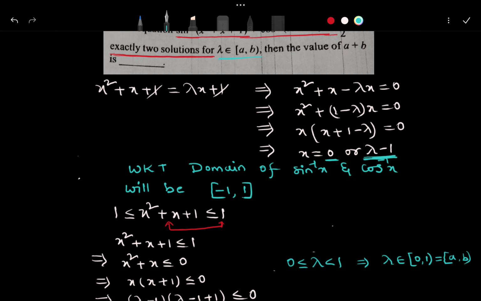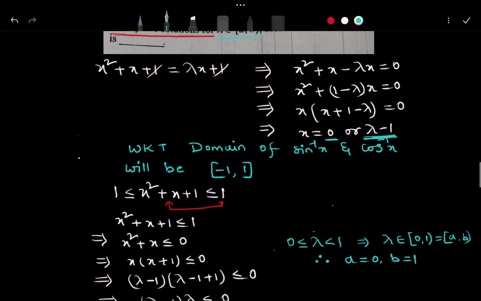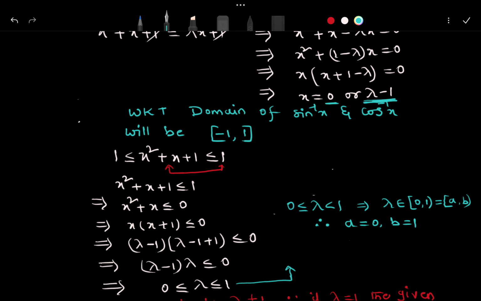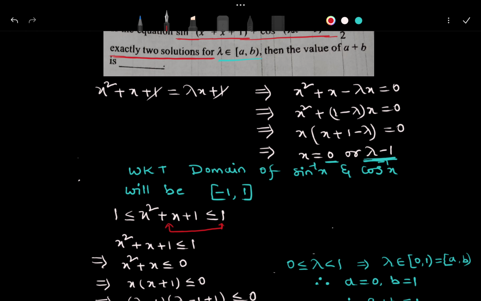So a is equal to 0 and b is equal to 1. Now what is a plus b? Therefore a plus b is equal to 1. So your right answer is a plus b equal to 1.